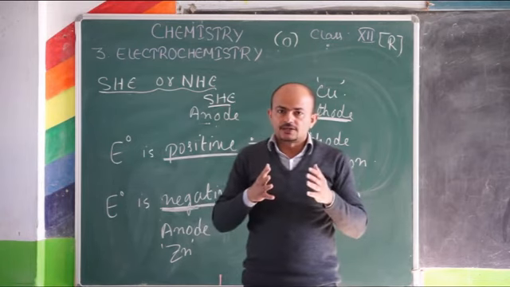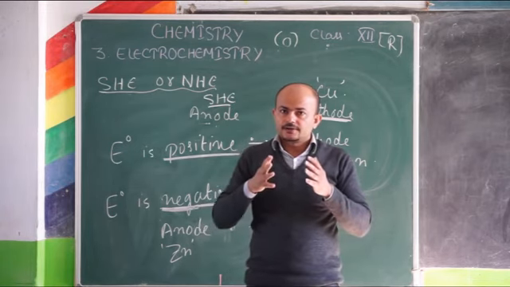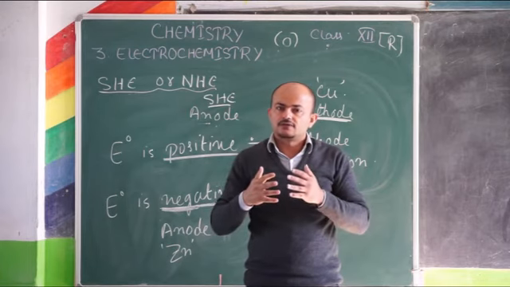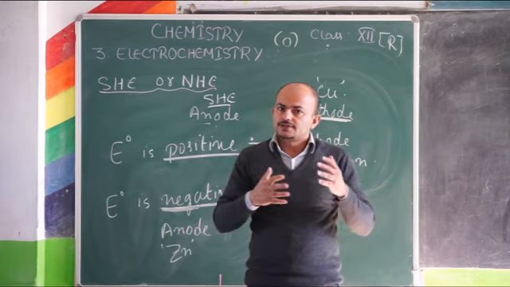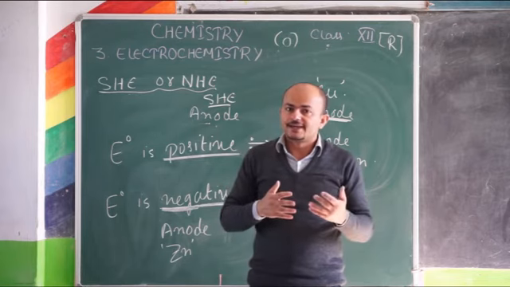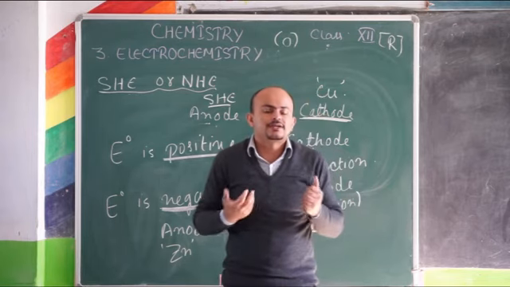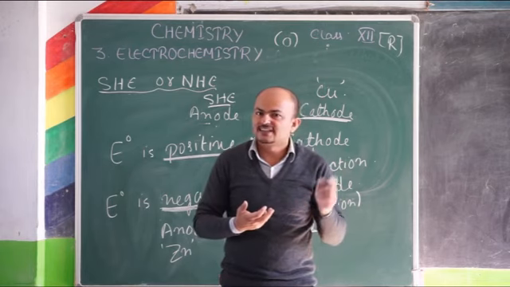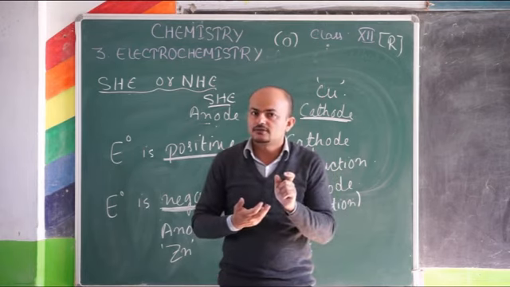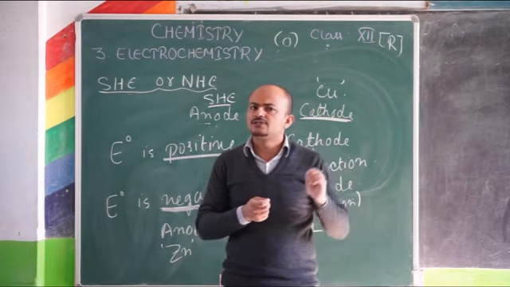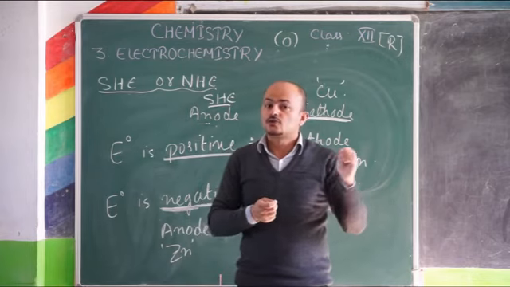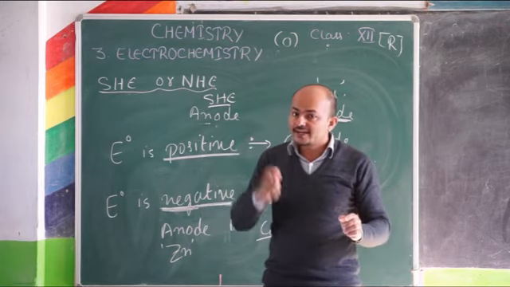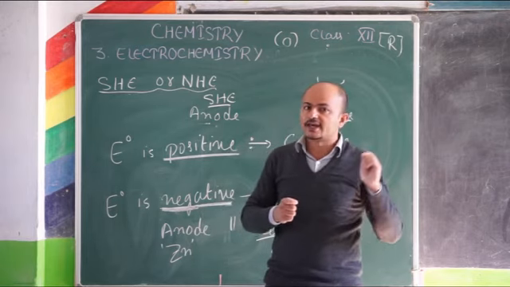So remember this way. If the standard electrode potential value of some species is more negative, you can remember that they have more electrons, since negative is related to electrons, so they are always willing to give up the electron. More negative, they are willing to give the electron.